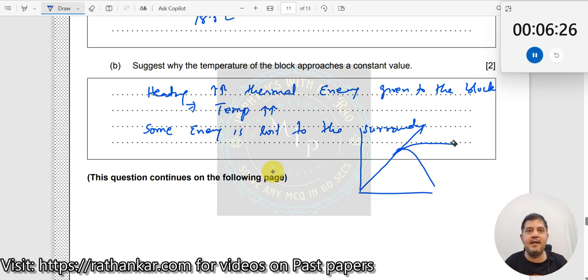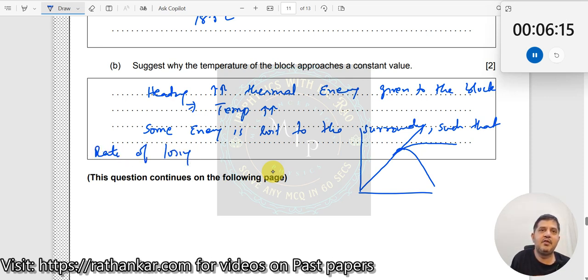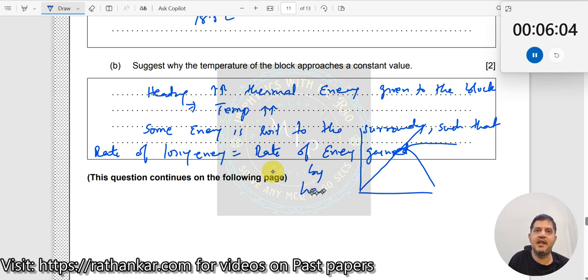That is what is happening. So in other words, some energy is lost to your surroundings such that, that's what you write, such that the rate of losing energy is equal to the rate of energy gained by heating, right? So this will give you 2 marks.